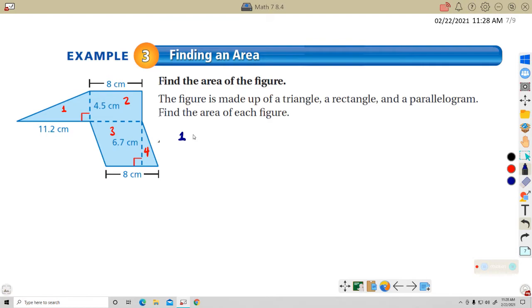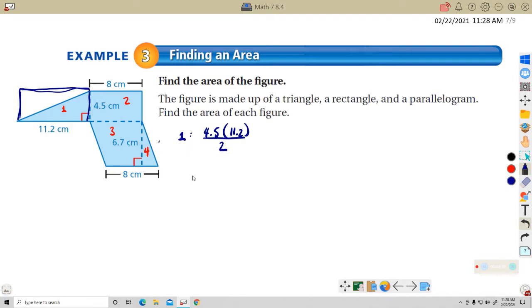So for region 1, it's a triangle, and the triangle is based on this rectangle, 11.2 times 4.5, right? But it's half of this rectangle. So I'm going to take this rectangle and divide it by 2 and come up with the area for region 1. So this will be 4.5 times 11.2 divided by 2.